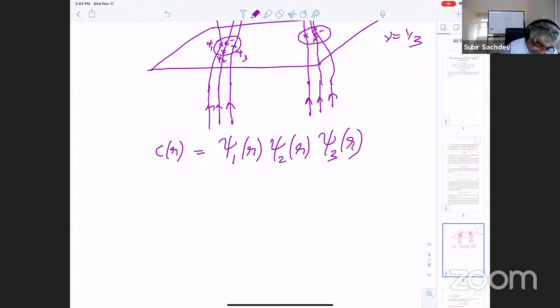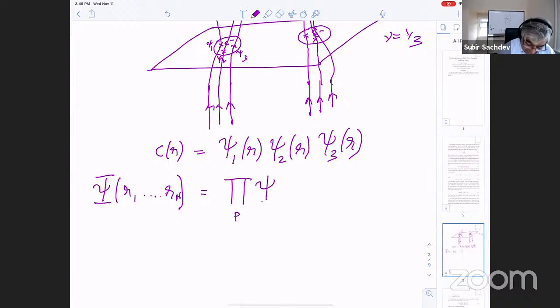So what is the wave function of the electrons, R1 through Rn? There's too many psi's, so let's make this capital Psi. This is the actual wave function. Well, that's going to be a product of the wave functions of each of the partons. The parton wave functions are called psi p. And we want the coordinates of the electron and the parton to be the same, so there'll be coordinates R1 through Rn. Now, each one of these is the parton wave function for a parton in a fully filled Landau level.